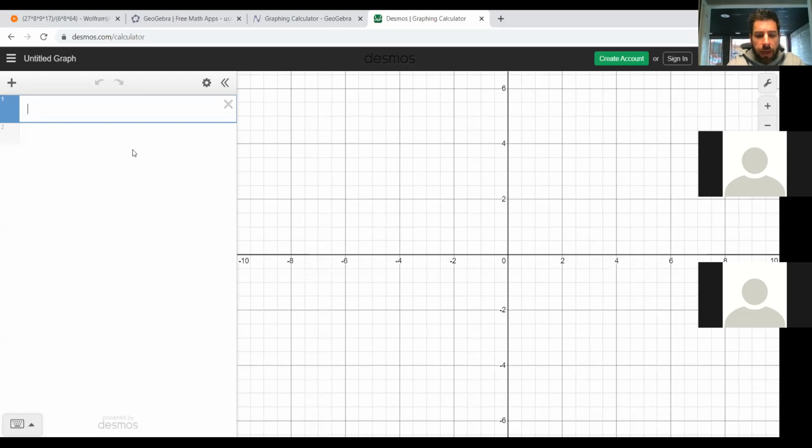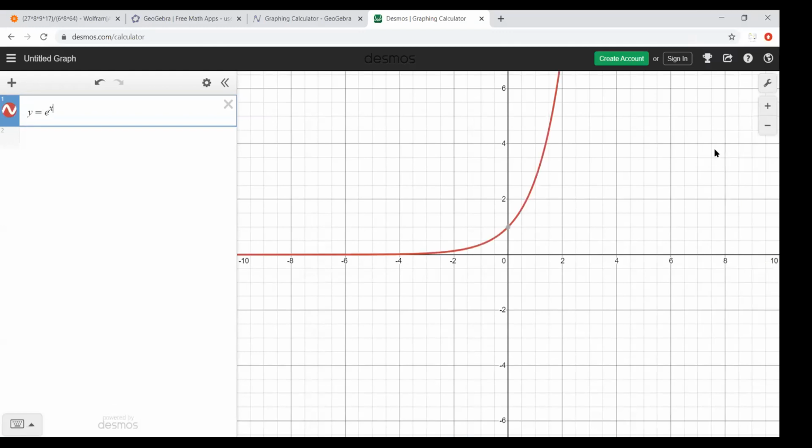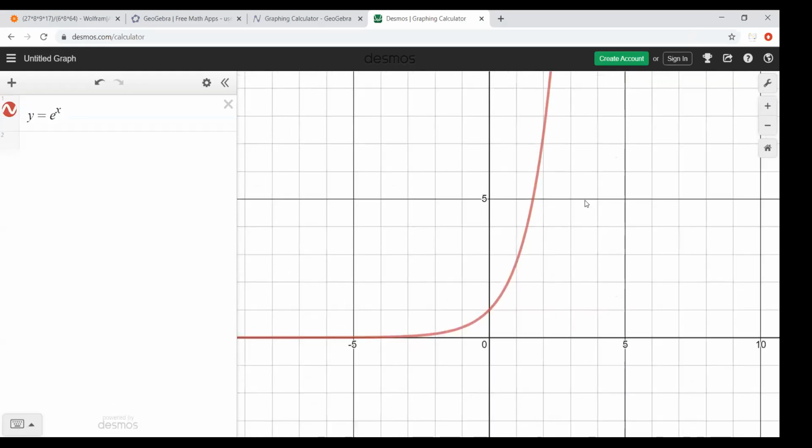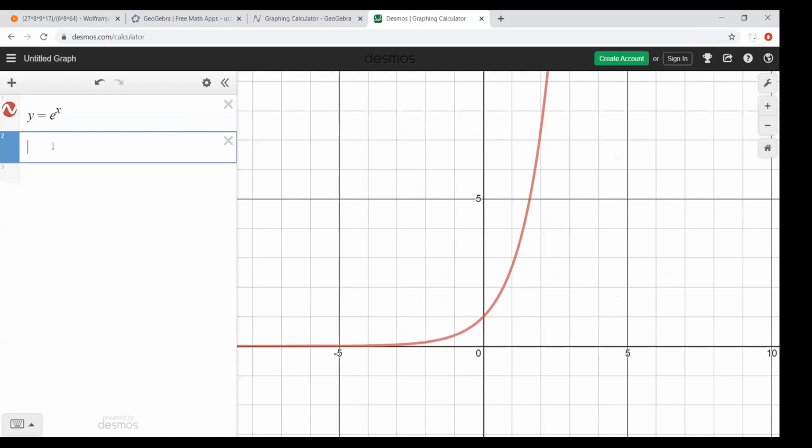Okay, so what I'm going to graph is e to the x. And it looks like this. And next to it, I'm going to graph, let's say it's fourth or fifth.